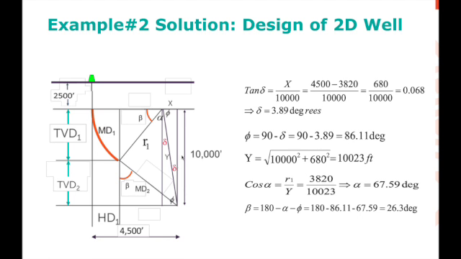So tangent of sigma is equal to 4,500 minus 3,820, which is 680, divided by the adjacent side, which happens to be 10,000 feet. So the tangent of sigma is equal to 0.068. So arc tangent of that is approximately 3.89 degrees. So to solve for angle phi, since sigma is a complement of it, we just subtract from 90 degrees. So 90 minus 3.89 is 86.11 degrees approximately.